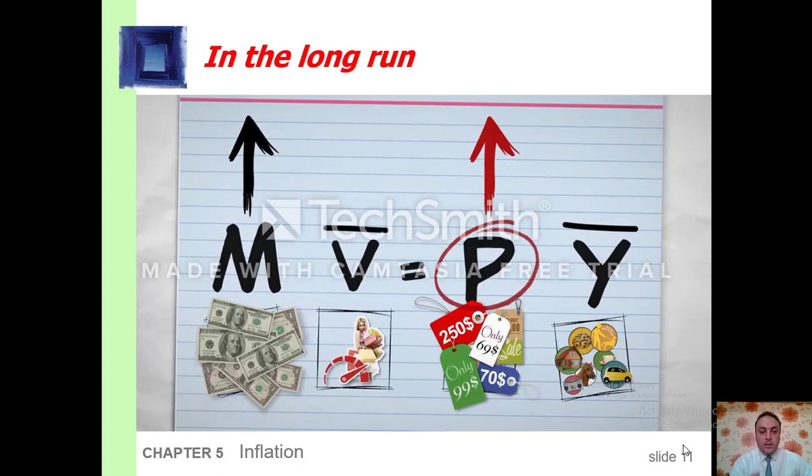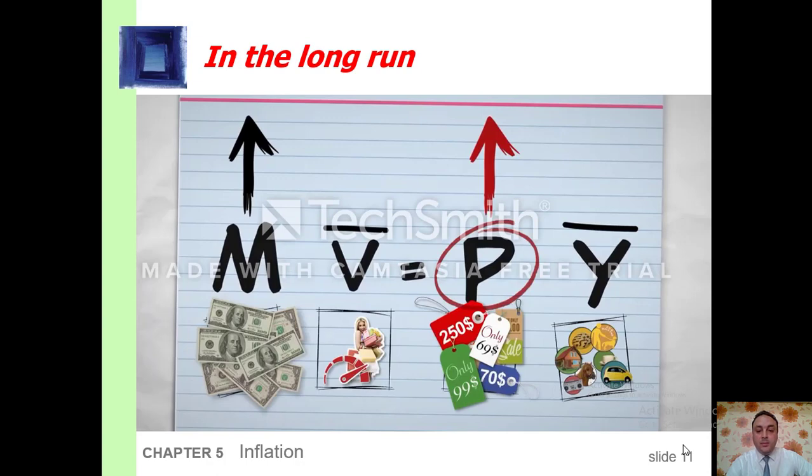In our topic now, we are talking about the long run. So when the money supply increases, the prices will increase in the long run, because there are many currencies, a lot of money, so you will buy the same product with more money in the future.